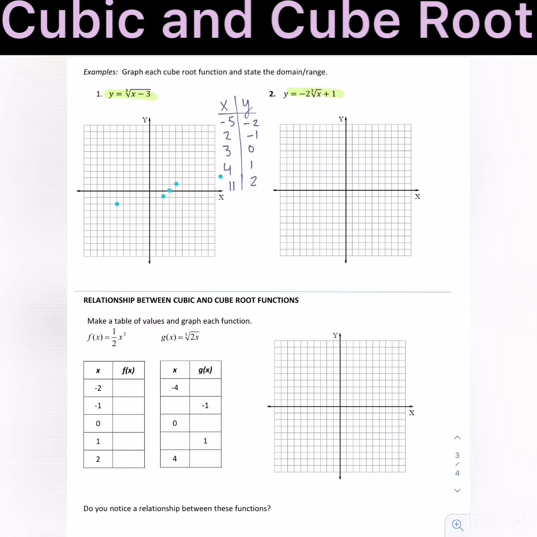That's okay. All right, so what we want to do is snake this function through the points. Don't go too much past any points. That's a general rule, just because you'll end up shooting it off in a direction it really doesn't go. And so that function is y equals the cube root of x minus 3. Let's get that 3 in there. All right. So that function is done.